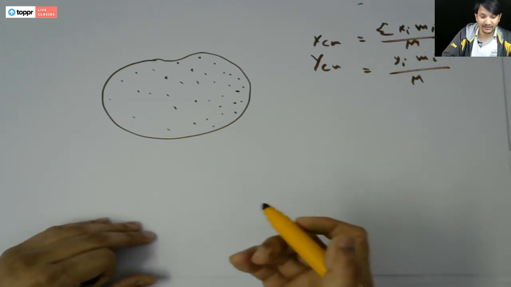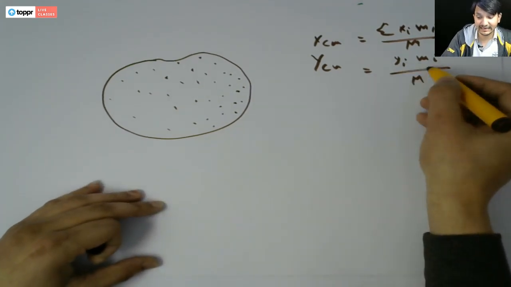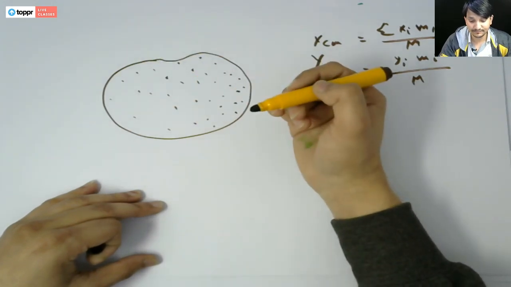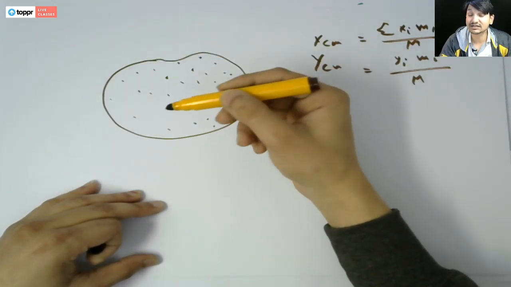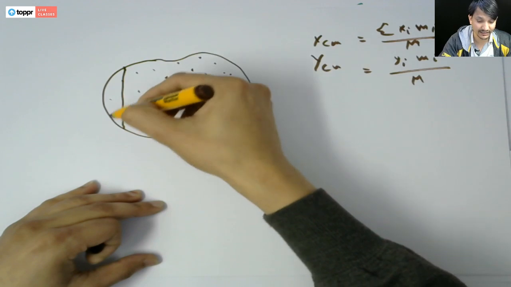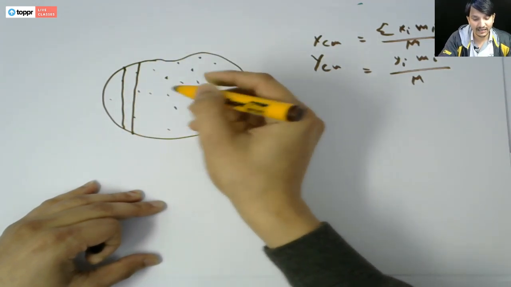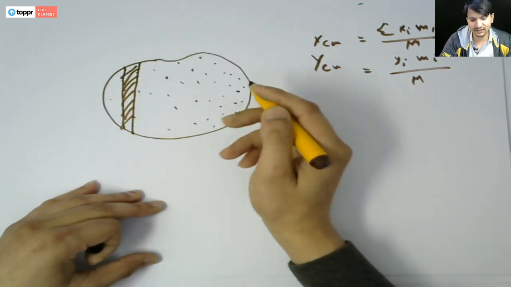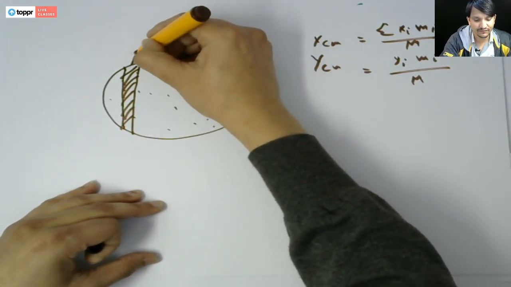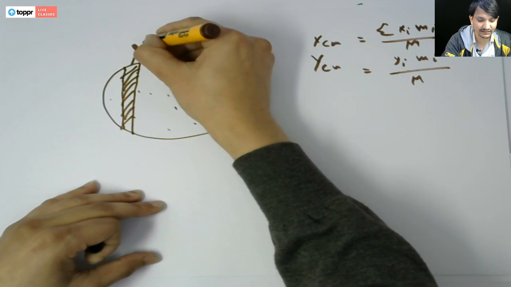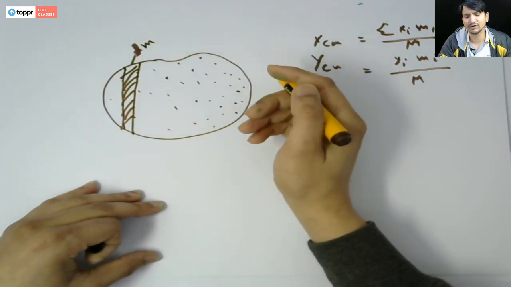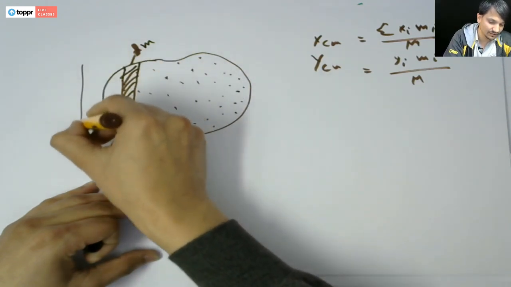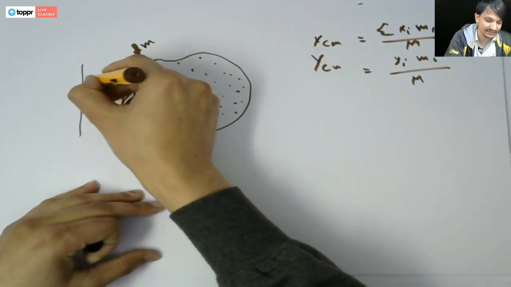For that, what we can do is divide this whole continuous mass into small masses. Say assume that this has very small thickness and the mass is also very small, suppose dm, and it is located at a distance x.